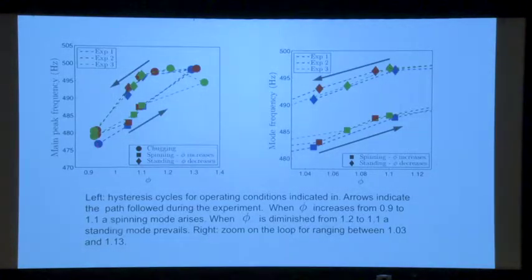And you see here, if you are going that way, you get what I was saying. You get to a situation where you are essentially spinning, and if you go the other way, you're essentially standing. So there is a hysteresis loop. In this way, you get spinning. In that way, you get standing.